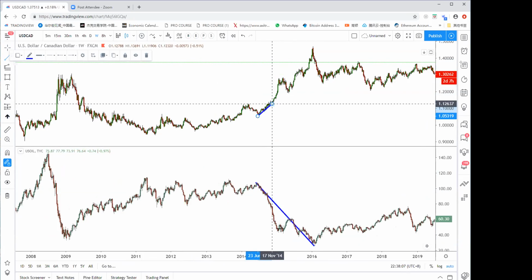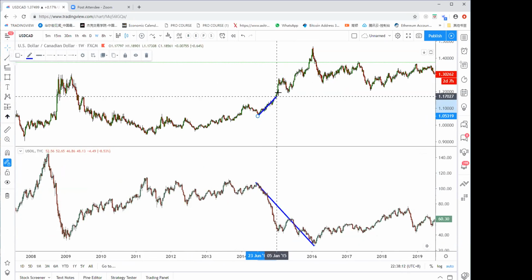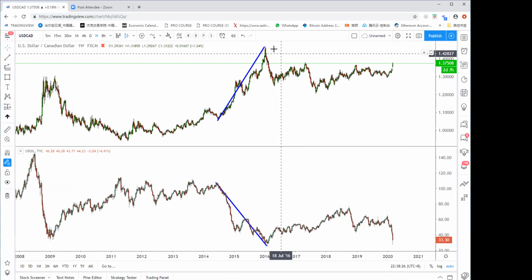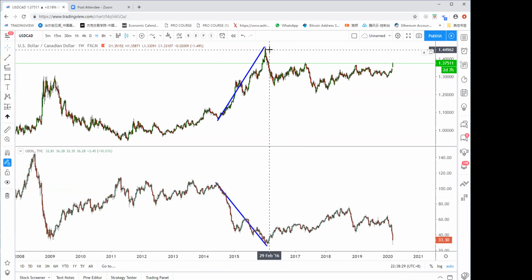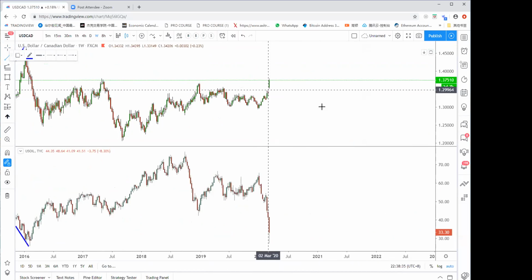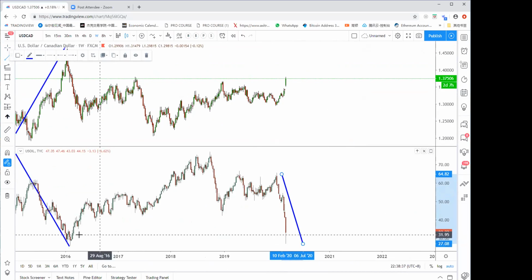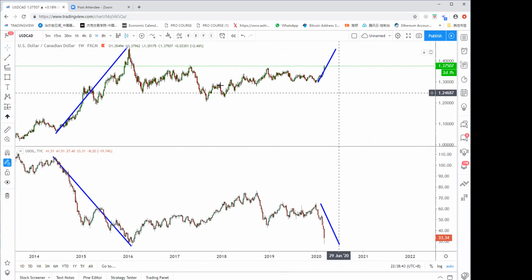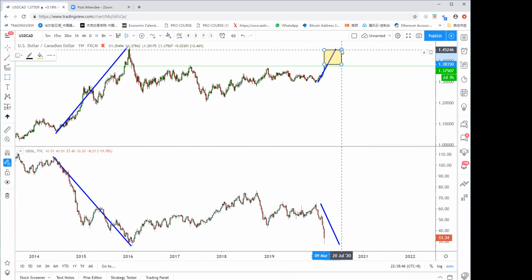When the oil dropped to here, the dollar Canadian just rallied a little, and then the dollar Canadian kept rallying to capture the same phase of the oil's drop. The last time when the oil dropped to 27, the dollar Canadian was at 1.46. However, now you can see that the move doesn't match. The oil already dropped to the previous low, but the Canadian dollar didn't go so high. So my thinking is that the dollar Canadian may still have some room to go up.